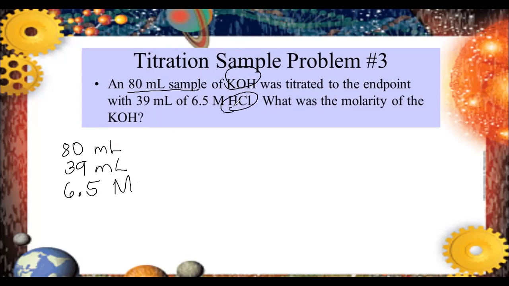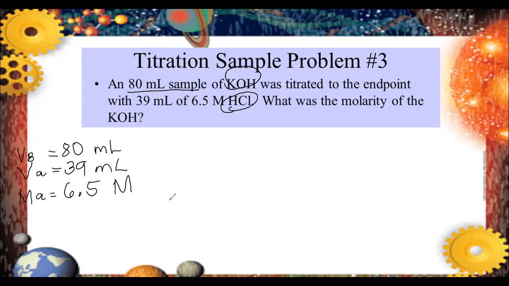So from the word hydrochloric acid, 39 ml and 6.5 are the acid's values. Now, we have here the unit ml, so that is our volume, and moles for molarity. So it means that 80 ml is the volume of our base because we already have the volume of our acid.